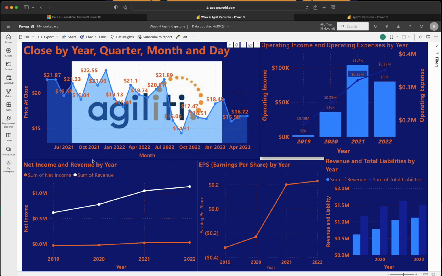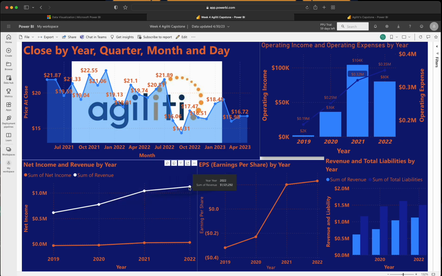As for a good company, we want to look at the net income versus revenue. You always want to see that if your revenue is going up, your net income should be going up the same. Net income, which is this orange line down here, went up just a little bit, about $6,000, but the sum of revenue has gone up quite a bit.